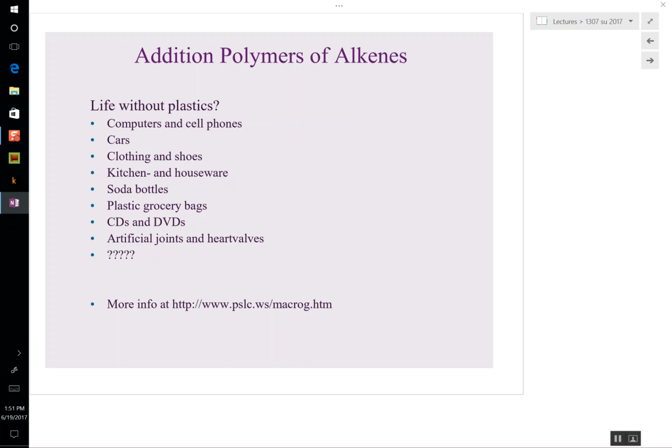All right, so how do they do this? If you were to take ethene, I'm going to draw a couple of these here. Remember, I've been telling you that these bonds, this is starting to look like an emoji of some sort.